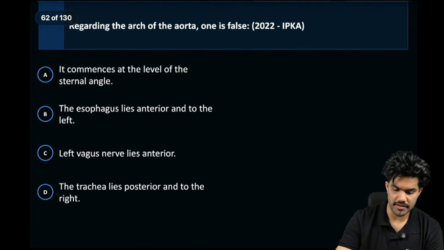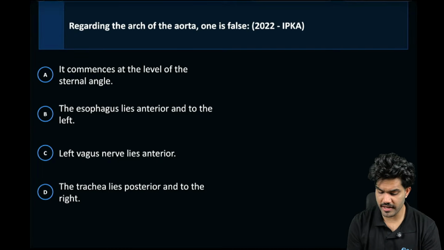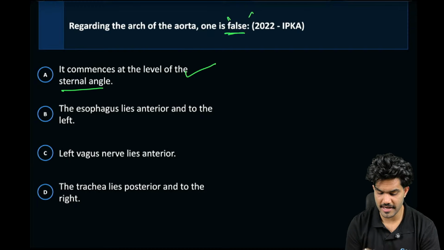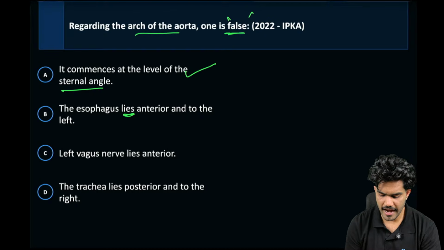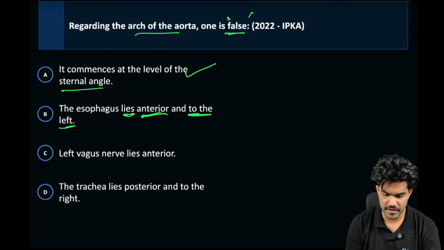Next question. Regarding the arch of aorta, one is a false statement. It commences at the level of the sternal angle. Yes, it's true. The esophagus lies anterior and to the left. No, it's the wrong statement.